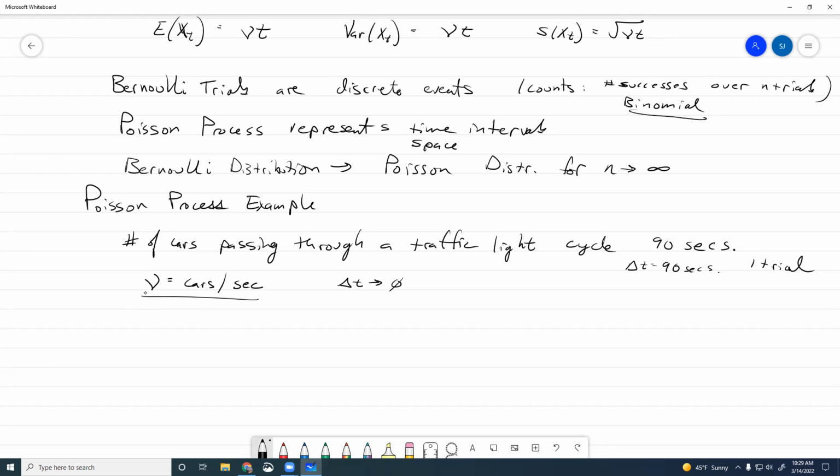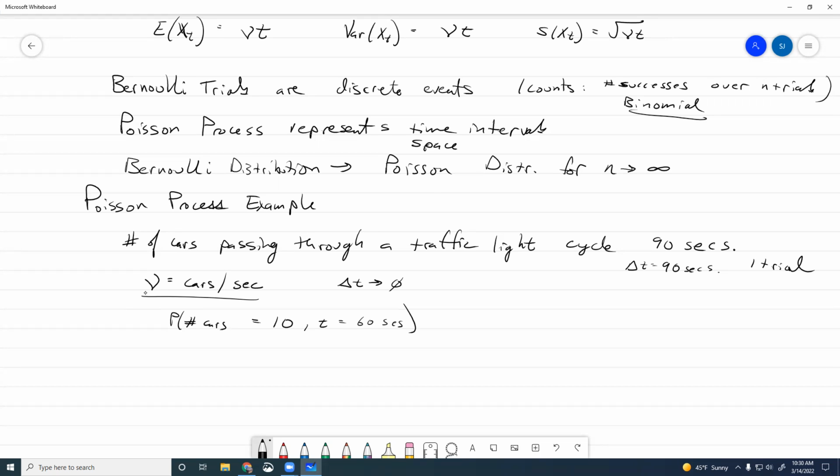And we can ask different questions, like what's the probability that x sub t, or we'll just say number of cars, is equal to 10 over so many seconds, in this case over 60 seconds, if we want to shorten the light cycle or something like that.